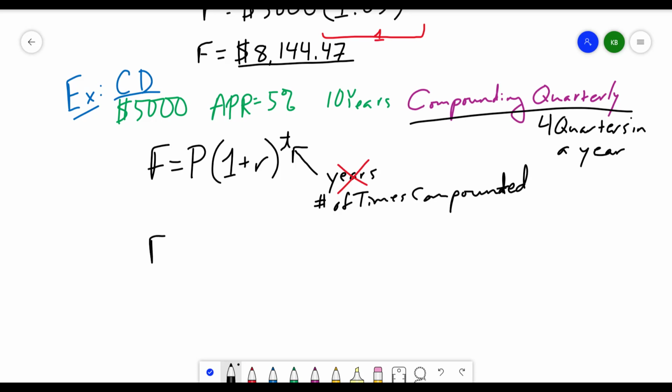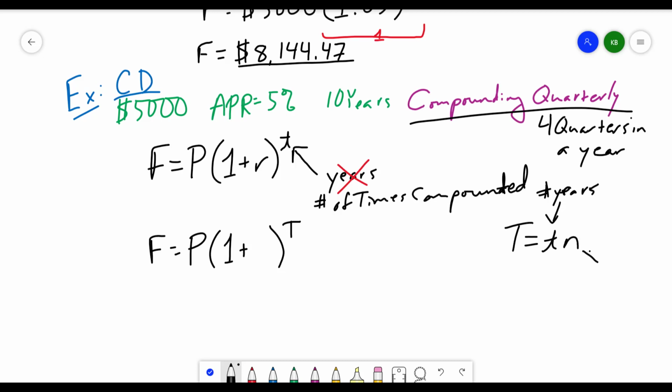So we'll take our equation and we'll have our capital T. And the way you figure out what capital T is going to be is we take our number of years, our lowercase t, and we multiply it by n.